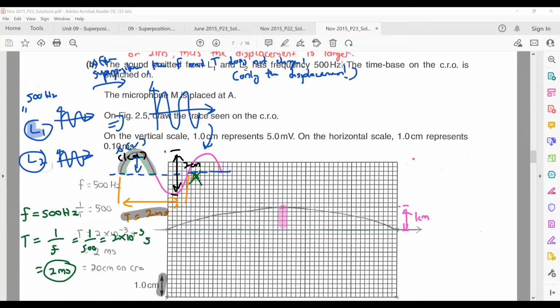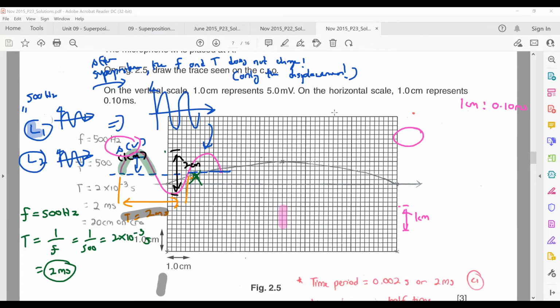It's because they told you 1 centimeter represents 0.1 milliseconds. Now you look at how many centimeter this is. This one would be 10, I think. 1, 2, 3, 4. If you calculate it properly, it will be worth 10 centimeter. So 10 centimeter would be representative of just 1 millisecond.